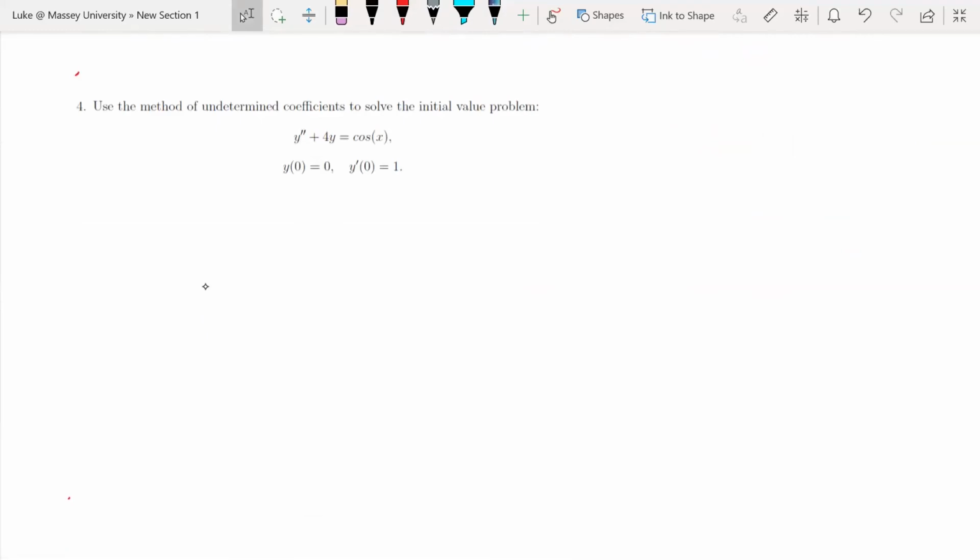Okay, and finally, question 4 here. Use the method of undetermined coefficients to solve the initial value problem. So here we have again a second order linear, so just check that it's linear, but it is non-homogeneous ODE with constant coefficients.